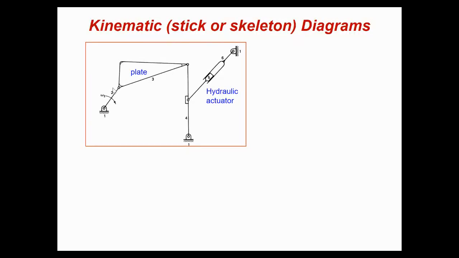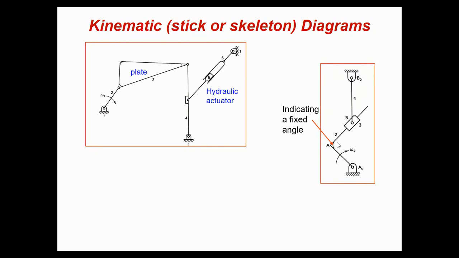We will see that a triangle like this is a single link. Even if it has revolute joints, it doesn't have a degree of freedom on its own. We will see that. Here, this thing means that there is welding here, so that there is no joint between this part and that part of the link. And this is a hydraulic actuator.